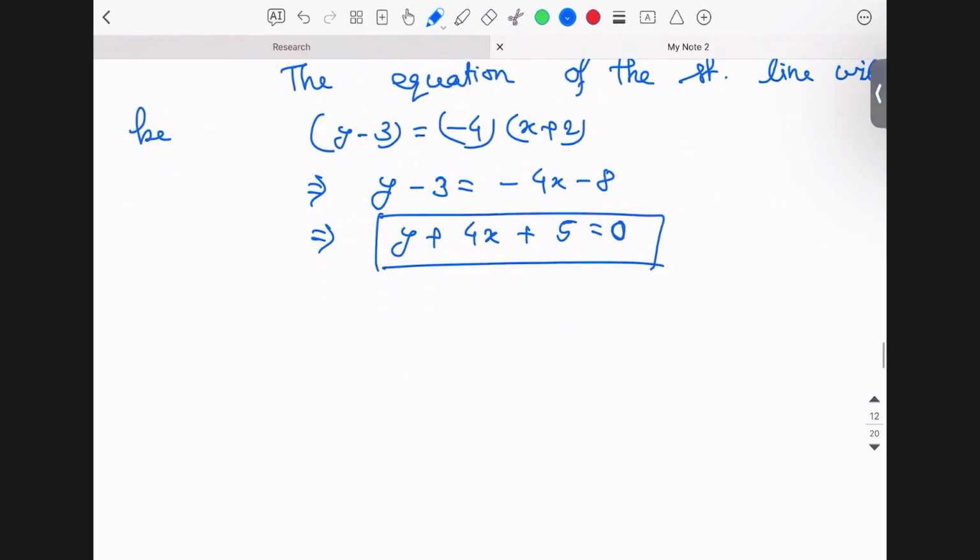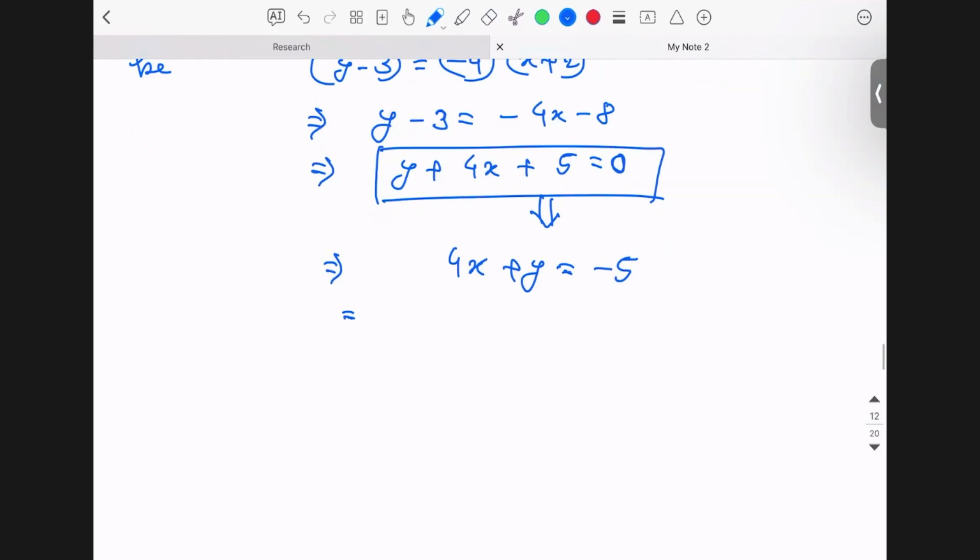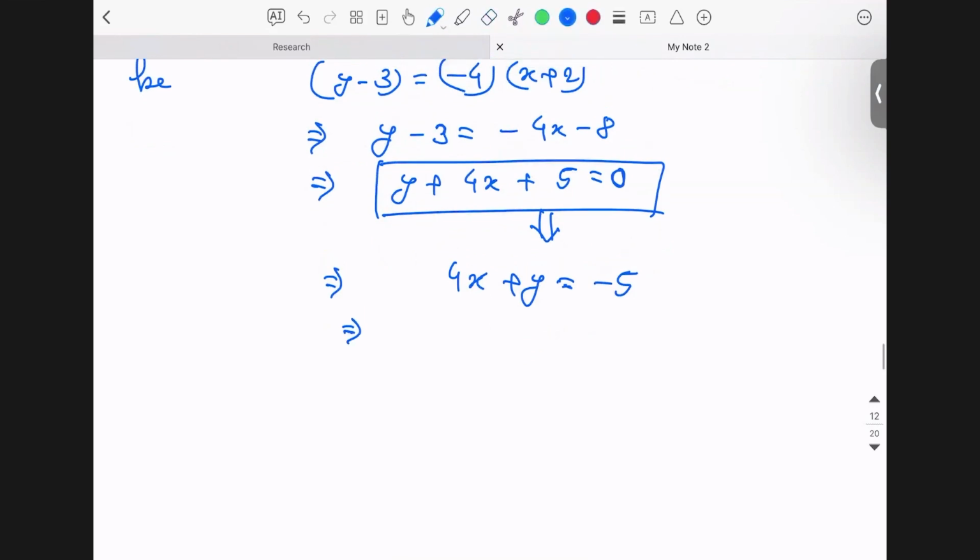Or we can also rewrite this equation in the intercept form. From here we can rewrite it like this: the equation is 4x plus y plus 5 equals 0. So we can move the plus 5 to the other side as minus 5, which will further give us x by minus 5 by 4 plus y by minus 5 equals 1.